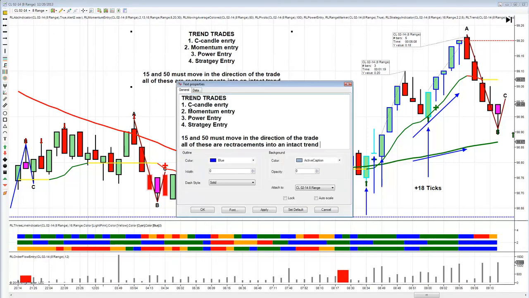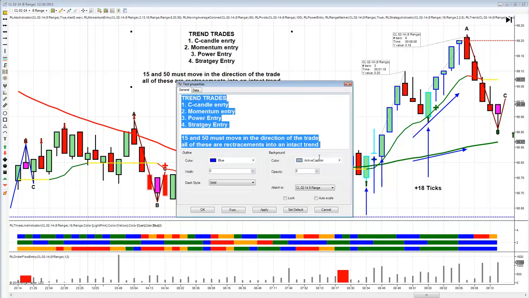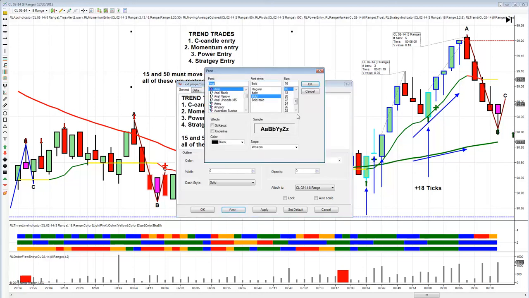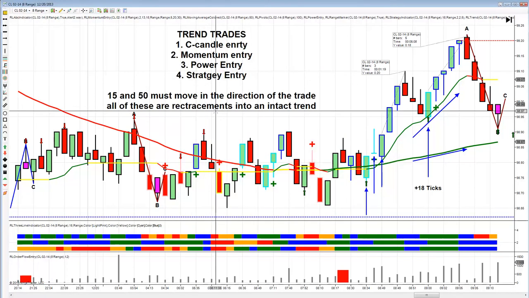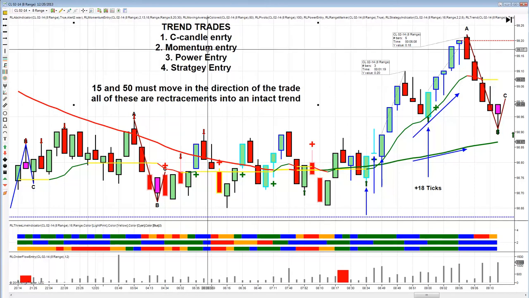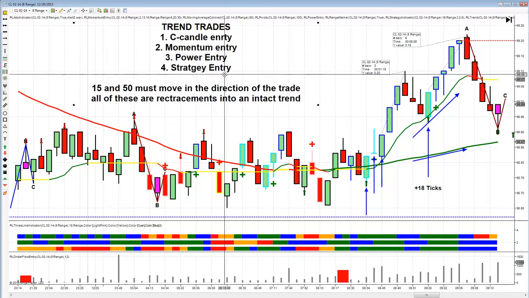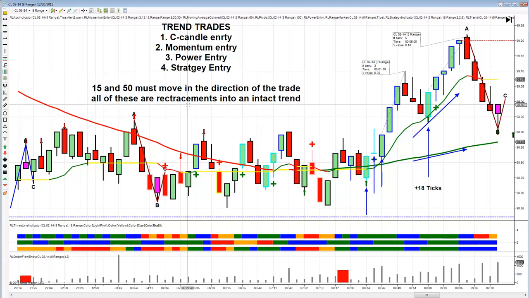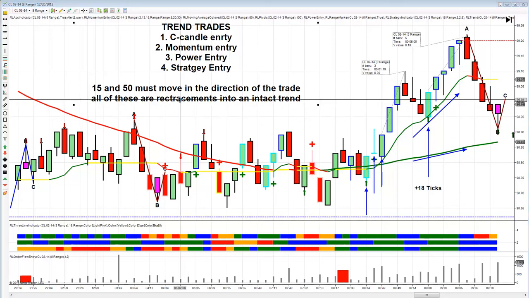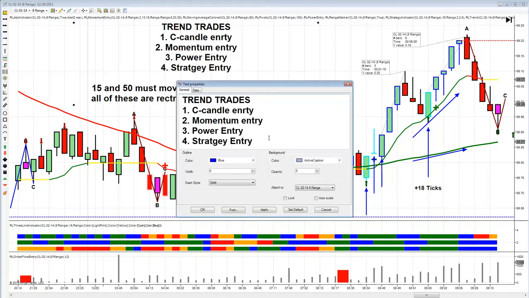Easy, really easy to remember. Now, the only other thing that's important here is your C candle, your momentum, your power, your strategy. The 50 and the 15 must move in the direction of the trade.